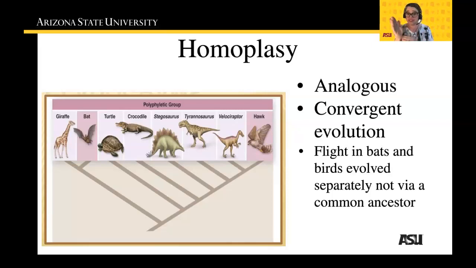In fact, the dinosaurs and the birds split and they shared flight, but the bat evolved the trait of flight completely independently. So it's an analogous event, an analogous characteristic, and we call that convergent evolution, right? These traits are called homoplasy.